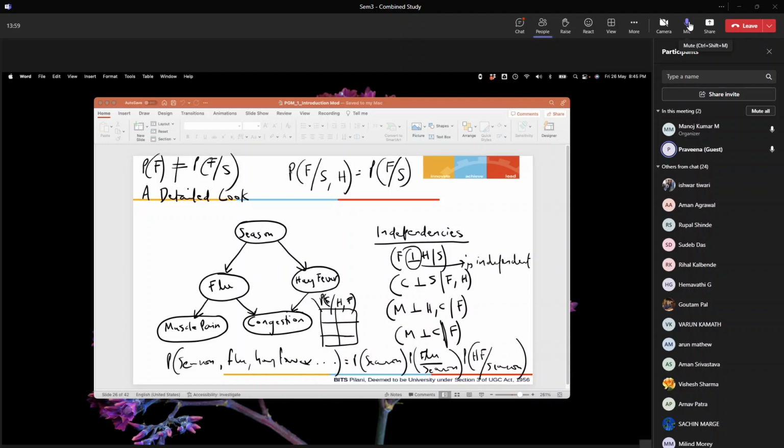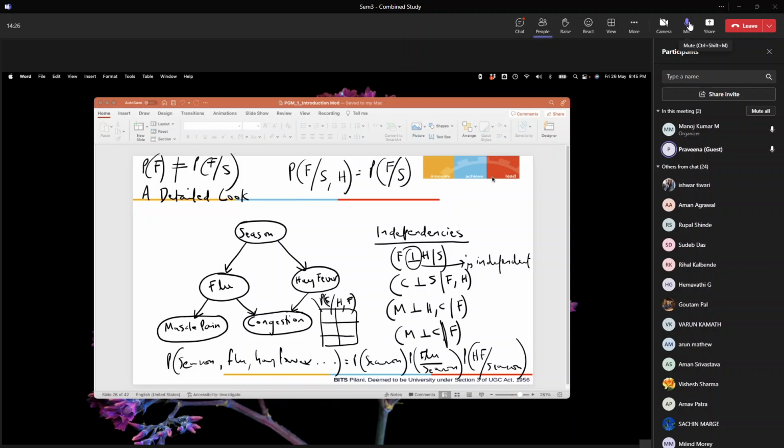So, for example, probability of flu given season and hay fever is equal to the probability of flu given season, right? We don't have to have the hay fever. This would otherwise have been expanded as probability of flu given season, comma hay fever, is equal to probability of flu given season into probability of season given hay fever, right?